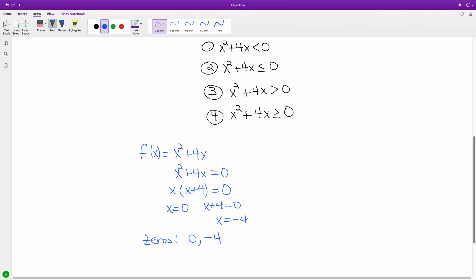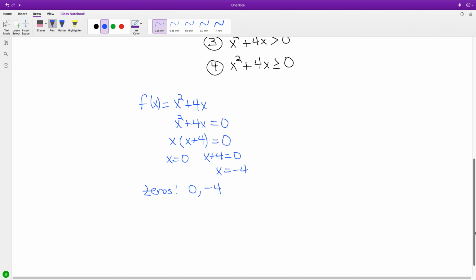Now, in establishing a table of intervals, we'll be working around the zeros that we have here, going from negative to positive infinity. I'm going to go from negative infinity to the smaller of the zeros between 0 and negative 4.